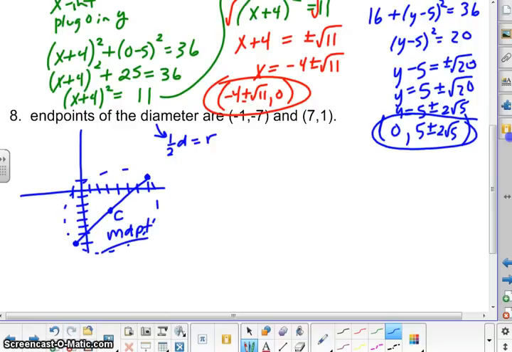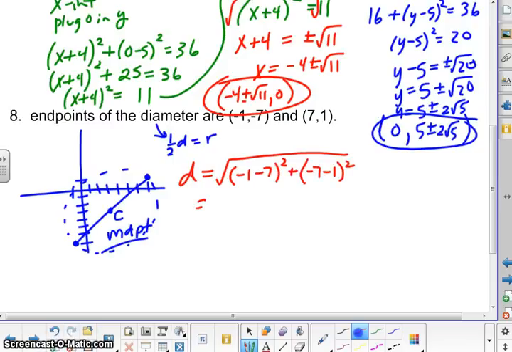So let's start with the distance. The distance of these 2 points would be (-1 - 7)² + (-7 - 1)². And that ends up being -8, so that's 64 + 64. And then what do you get? 128.